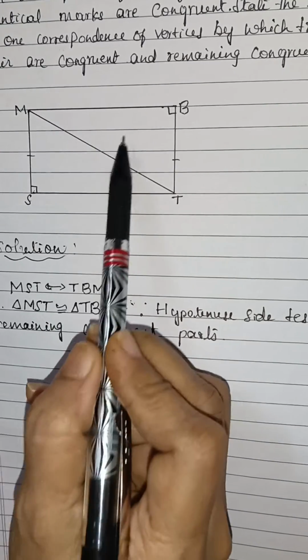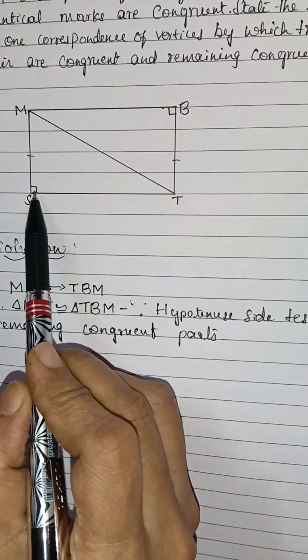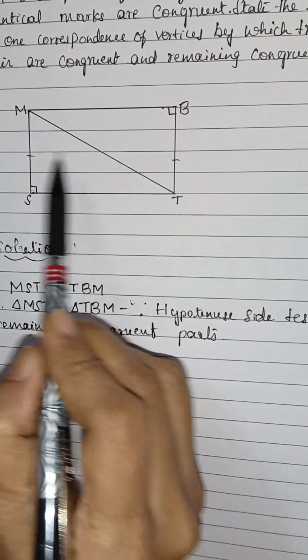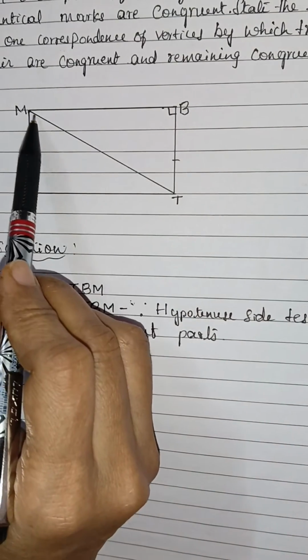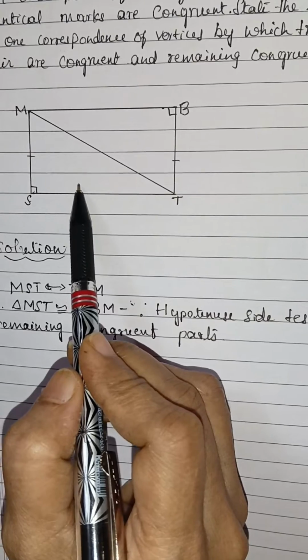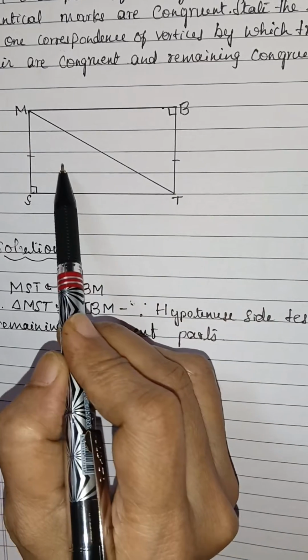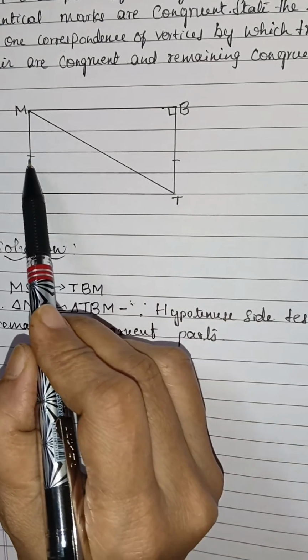These two are congruent triangles. This is already given here. This is a right angle triangle, these two sides are congruent, and this is a common hypotenuse for both the triangles. Therefore, these two triangles are congruent by the hypotenuse side test.